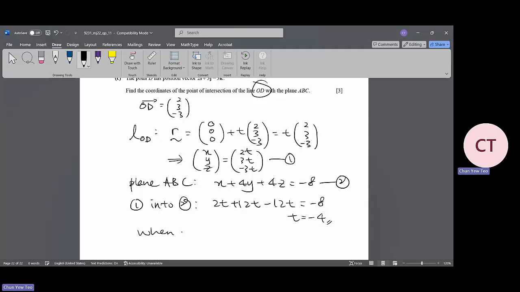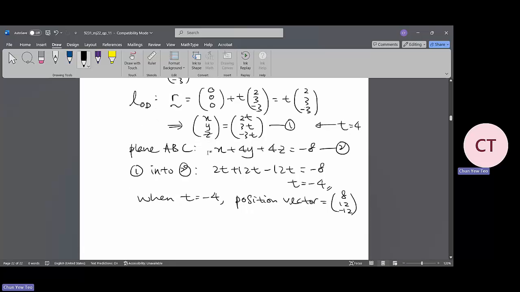So when t is -4, what will be the position vector? Changing all the t here, you get 8, 12, and -12. Oh, sorry, it's -4. Changing this to become -4, so the sign will be opposite: -8, -12, and +12.